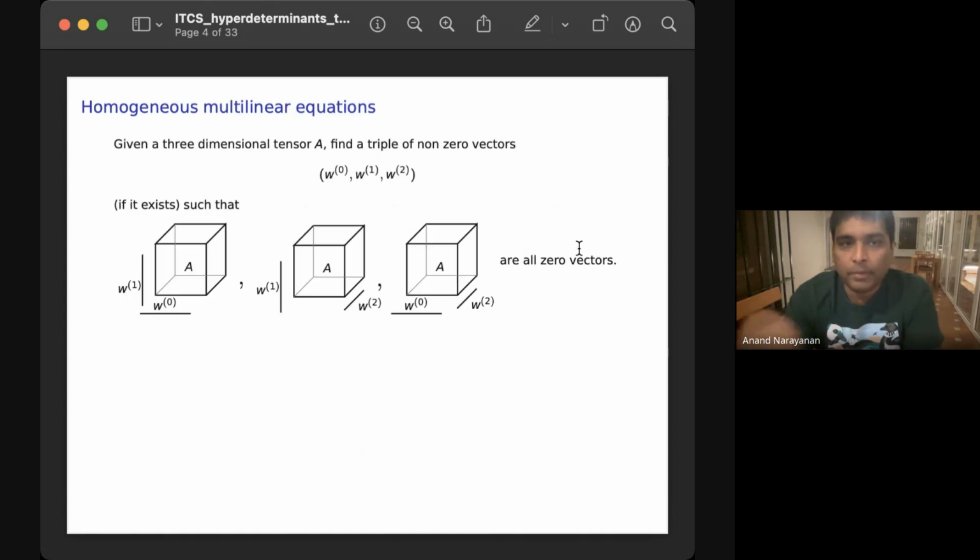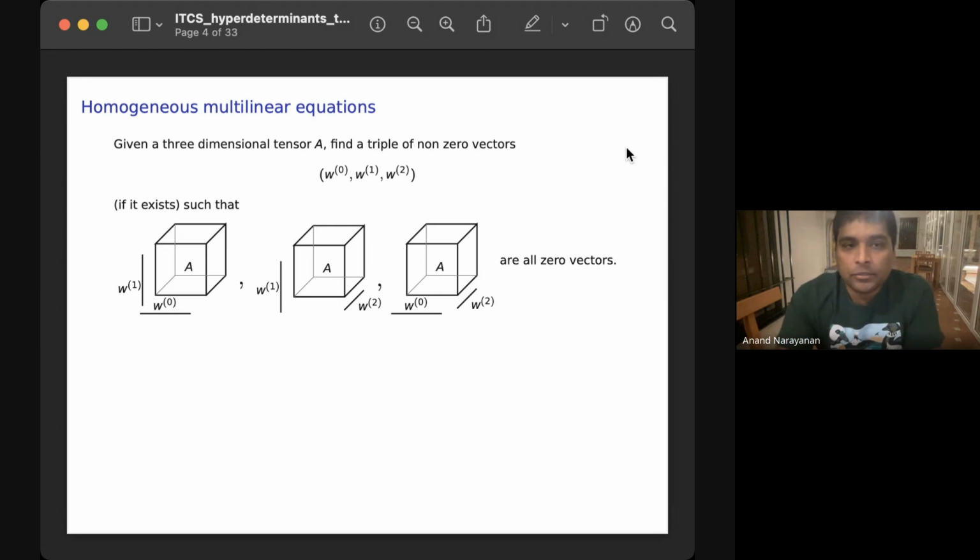Okay, why bother? So the main problem that we will study is, given a tensor, to find a solution, which is a triple of vectors, such that if I multiply the tensor with two of the vectors, then I should get the all-zero vector. Right? So we are finding a singular point.